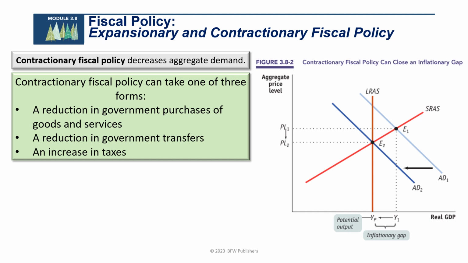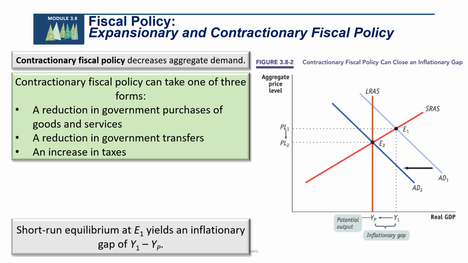The government can increase taxes, or the government can reduce transfer payments. So remember the direct versus indirect approach and the impact on aggregate demand. All three of these fiscal policy tool options are aimed at decreasing aggregate demand. Cut government spending, increase taxes, or cut transfer payments.